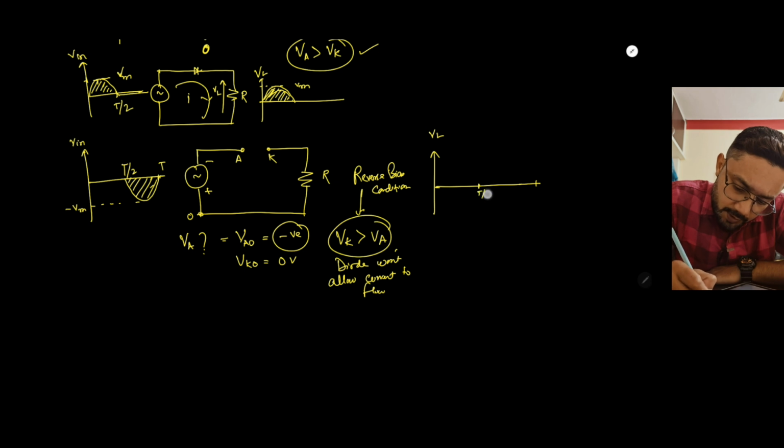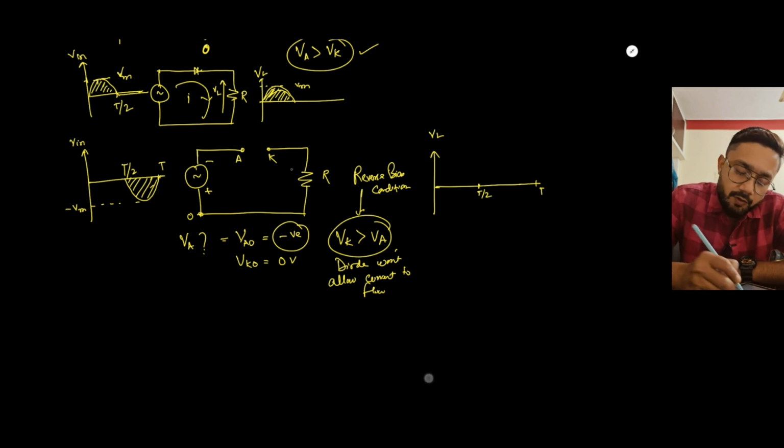So this is T by 2, this is T. During the negative half cycle, the diode won't allow the current to pass. So what will be the voltage across the load? It will be 0 during that condition.